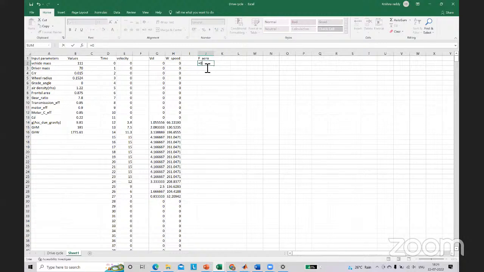We know the equation, that is 0.5 multiplied with rho. Sorry, rho is nothing but your air density. You have to go on adding the dollar symbol.